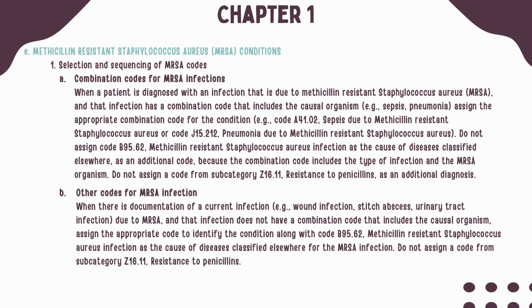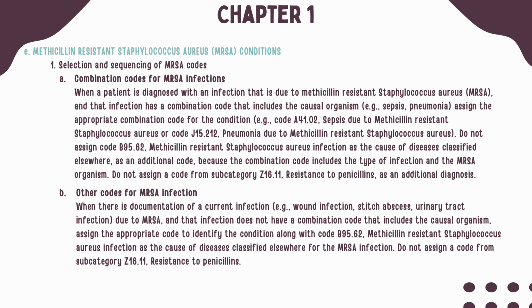The fifth section in Chapter 1 is regarding MRSA, or methicillin-resistant Staphylococcus aureus. When a patient has an infection that is due to MRSA, and that infection has a combo code that includes the causal organism, you will assign the appropriate combo code for that condition. For example, J15.212 represents pneumonia due to MRSA.